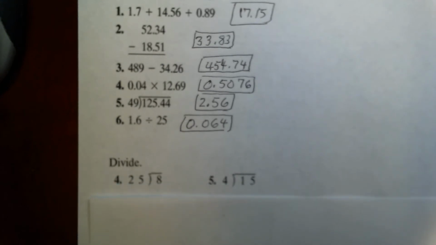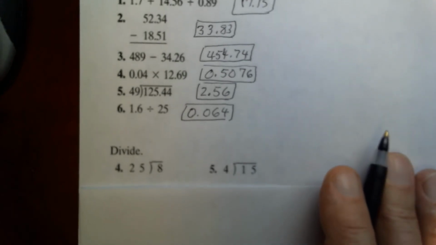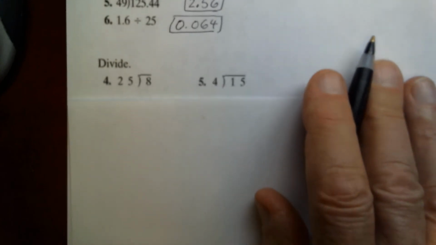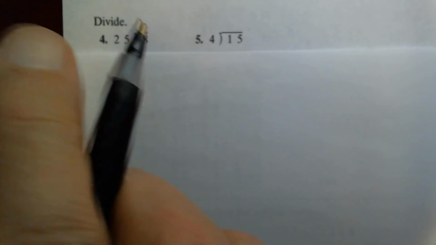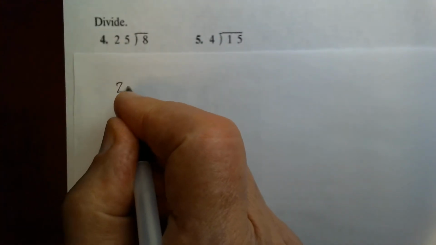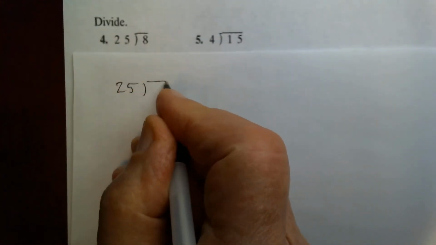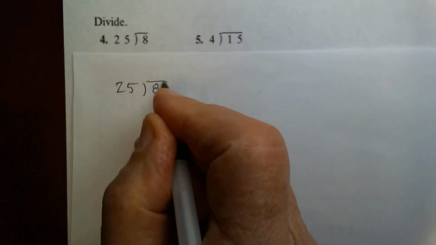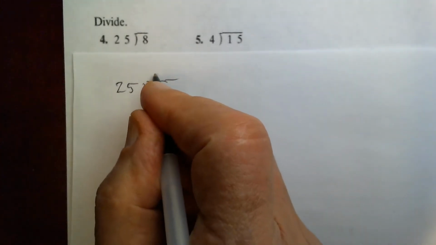The rest is just some more exercises. For example, number 4, dividing 25 into 8. Let's do that. So when we divide 25 into 8, of course 25 into 8 is 0.